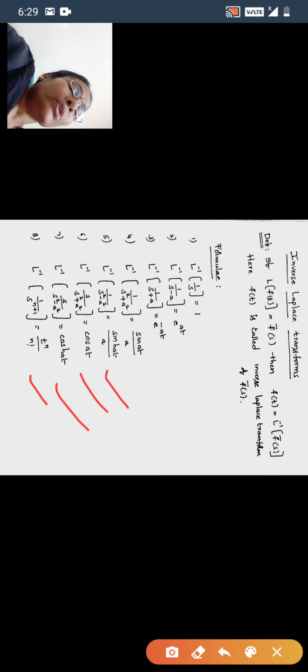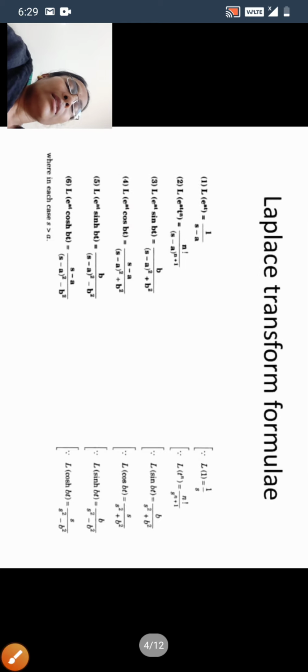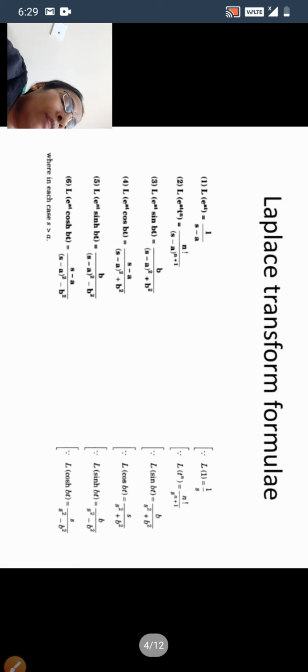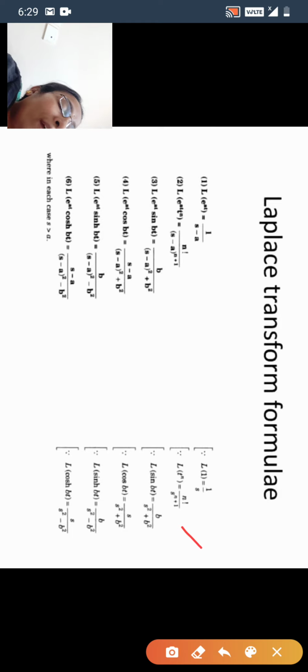So, how to remember these inverse Laplace transform formulas? Already in the first part of the fourth unit we know the formulas. L of 1 equals 1 by s, L of t power n equals n factorial by s power n plus 1, L of sin bt equals b by s square plus b square.